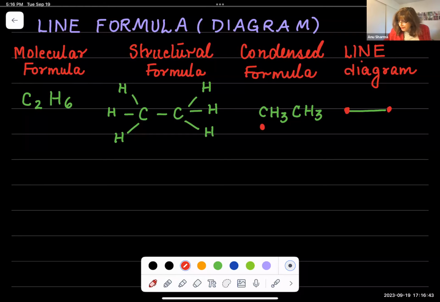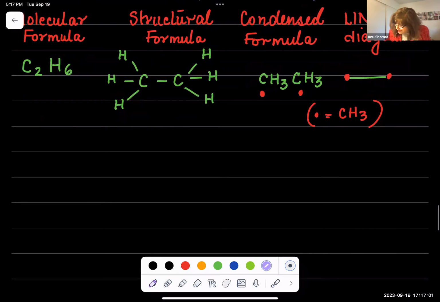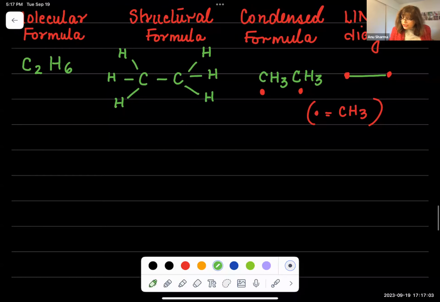So this is one carbon with the 3 hydrogens. This is another dot. So the dot represents the CH3. Dot means one single CH3. Okay, so I have drawn a dot, but once you start making these, you don't need to put the dots.